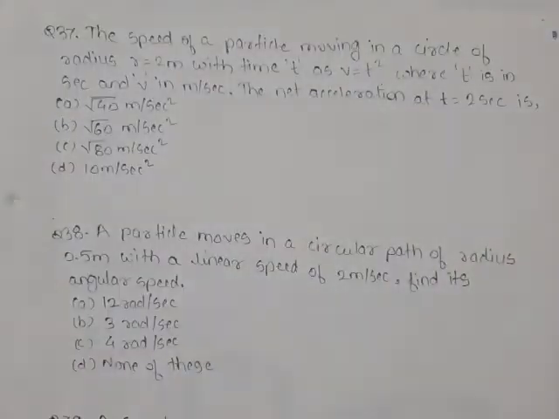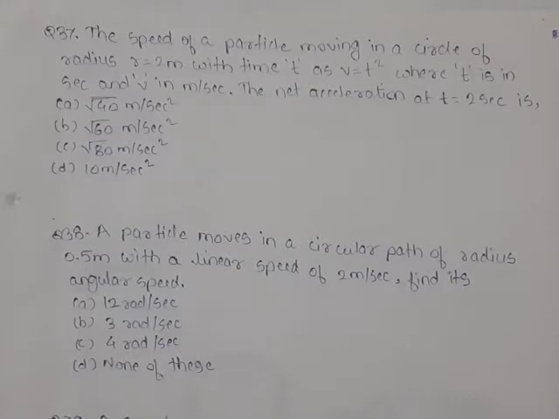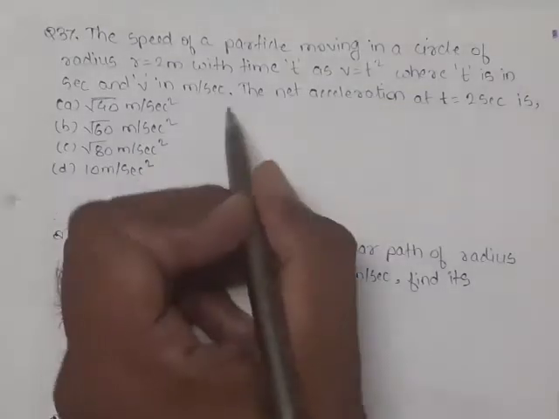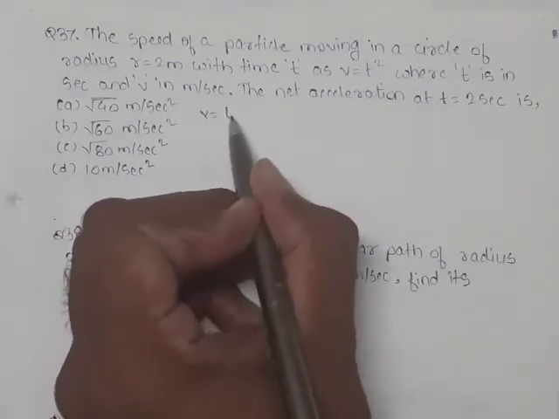Next question, question 37. The speed of a particle moving in a circle of radius r equal to 2 meter varies with time t as v equal to t square, where t is in second and v is in meter per second. The net acceleration at time t equal to 2 seconds is? So here the value of v is equal to t square.